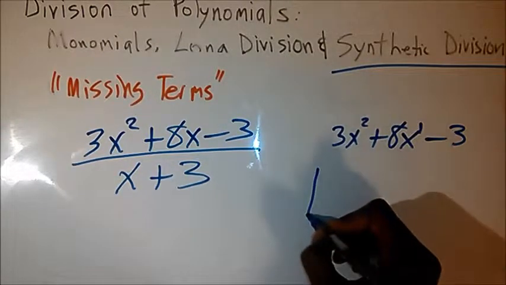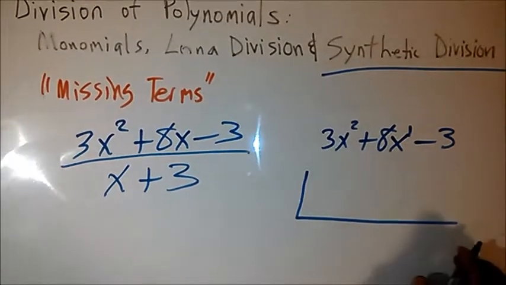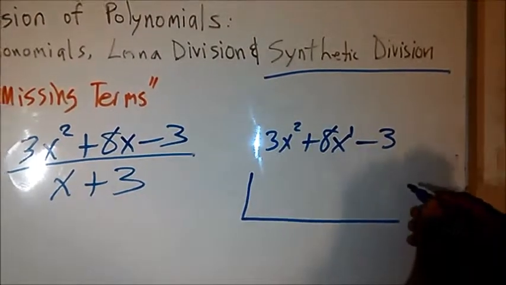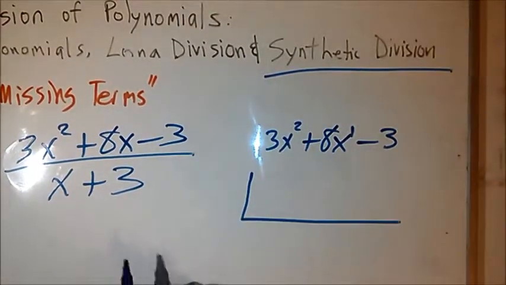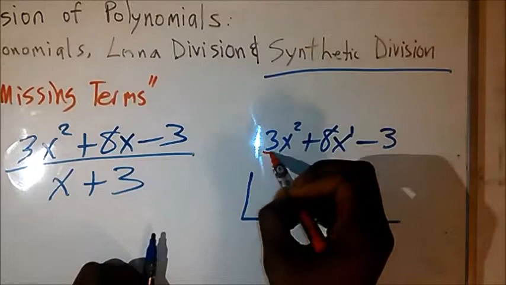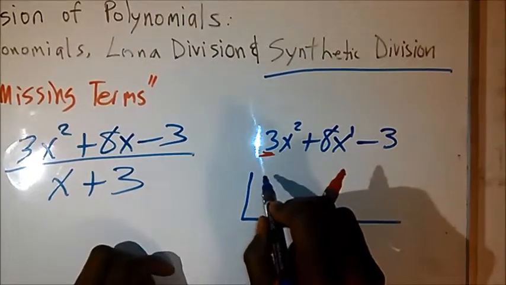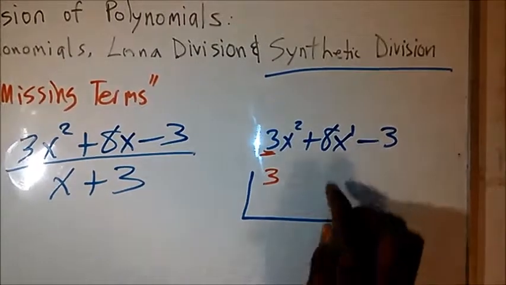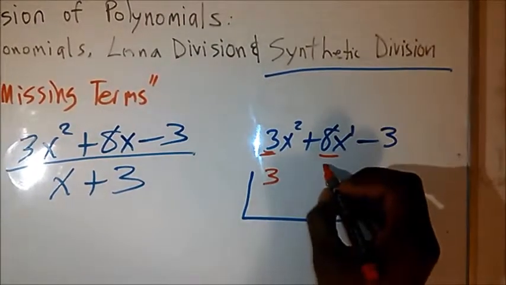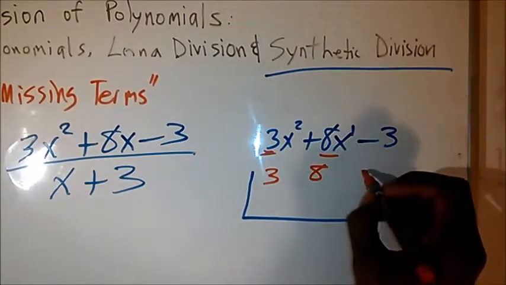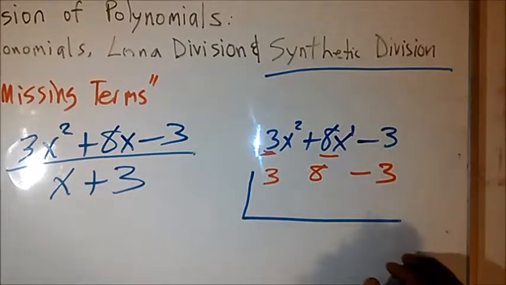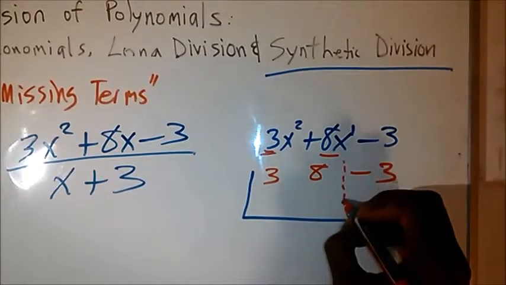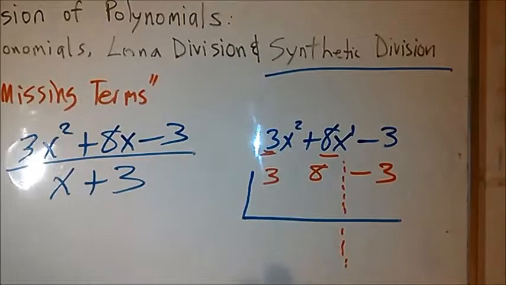Pull down your L-shaped thingy, okay? And then take the numbers out. That's 3, it's going to be here. This here is 8. This is -3. This last number will be your remainder section.